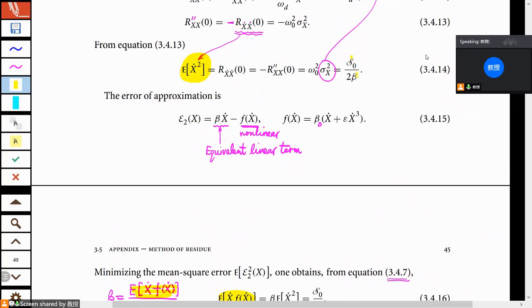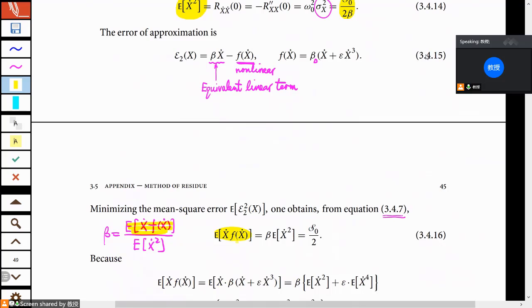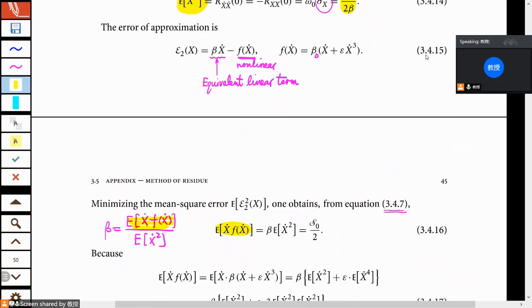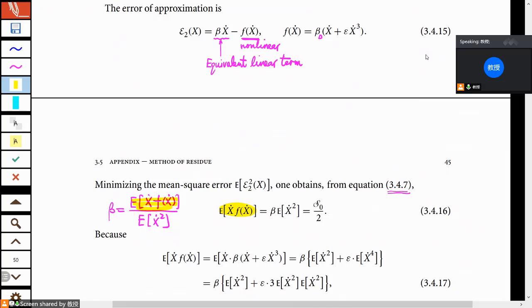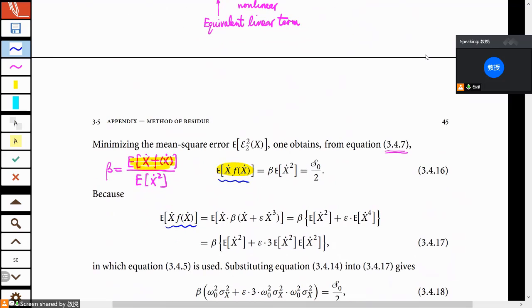So this term is S0 over 2 beta. Now evaluate this term, x dot f, where we have beta 0.